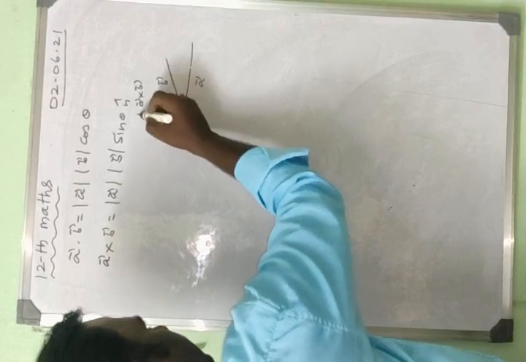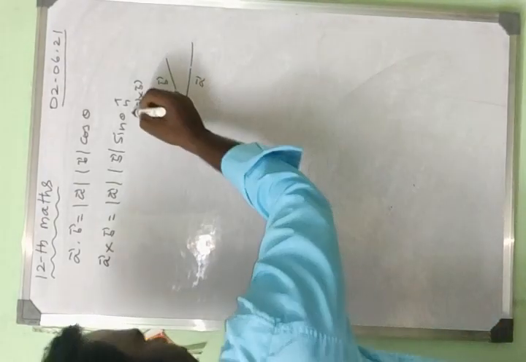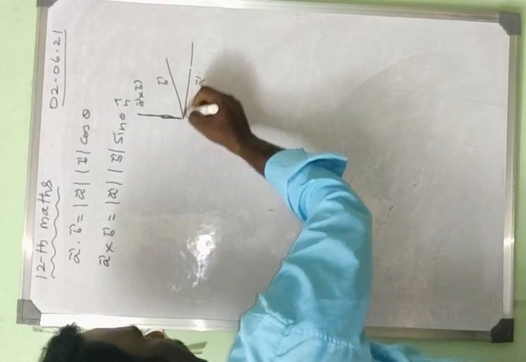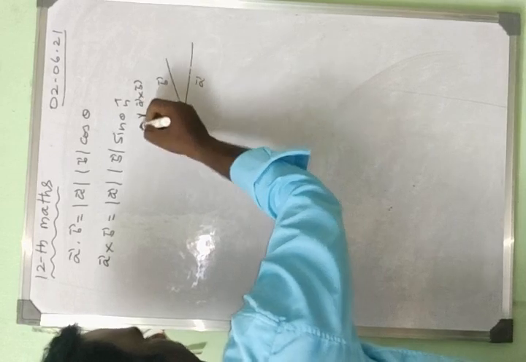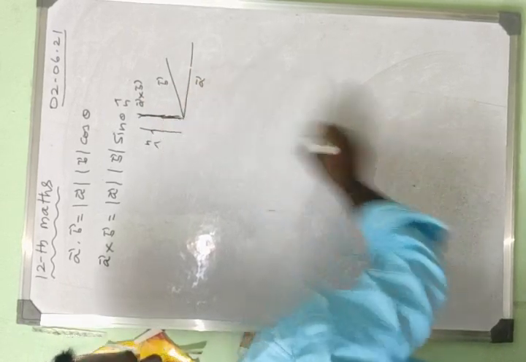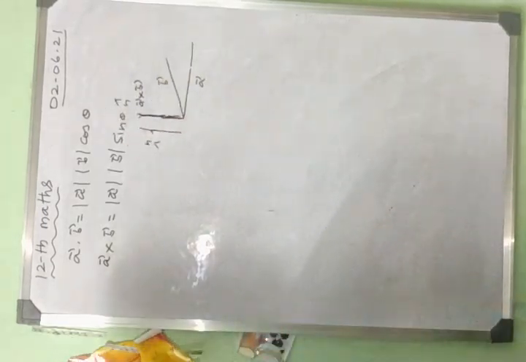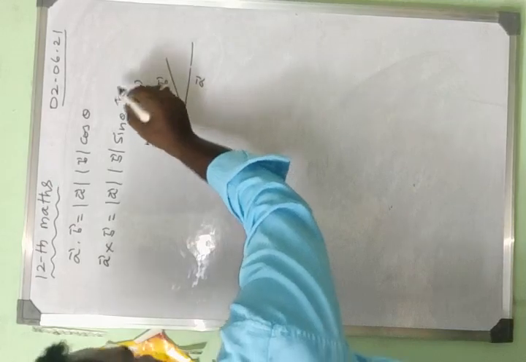These vectors are perpendicular to vector A and vector B. So for this parallel vector, A cross B, we take one unit vector. This is cap n. That is why we put cap n for A cross B.